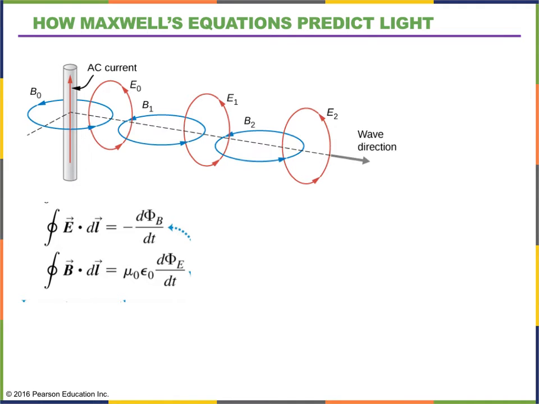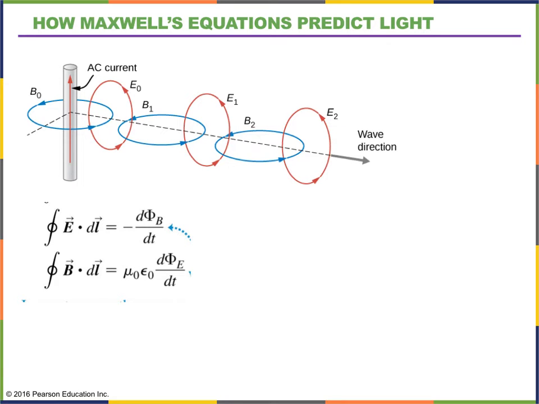If we look at those last 2 equations, in the absence of any charge distributions or conducting current, we can see that if you have an alternating current, like a power line, which could also be described as a vibrating charge, you can say through these 2 equations, Faraday's law and Ampere's law, that the vibrating charge will produce a magnetic field, which is going to be changing in time because the electric field that it is based on is changing in time because it's vibrating.